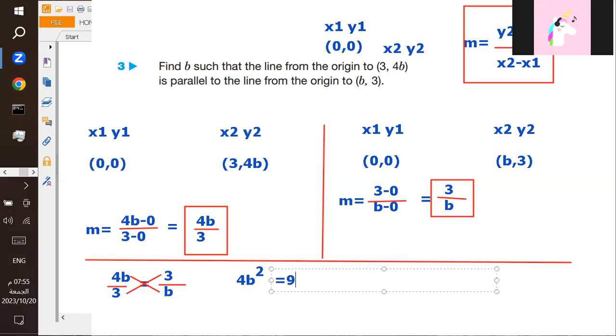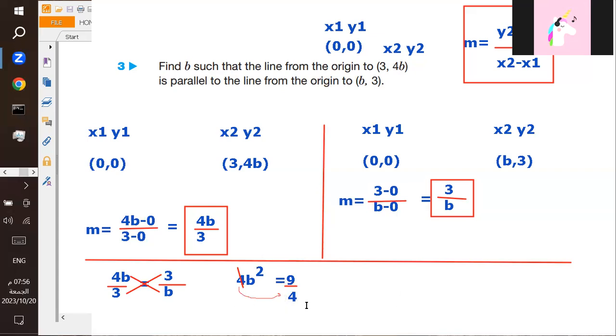Now the 4 is multiplied here, so I take it to the other side by dividing. So it's going to be 9 divided by 4.